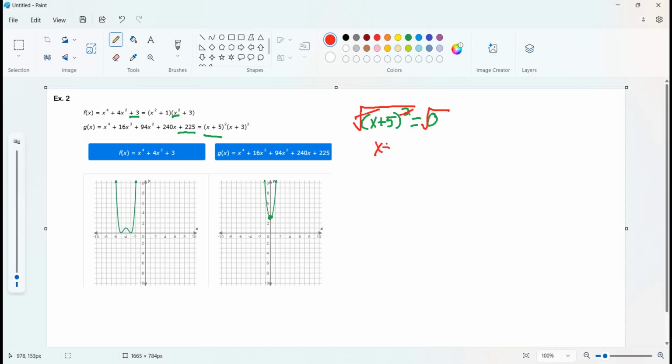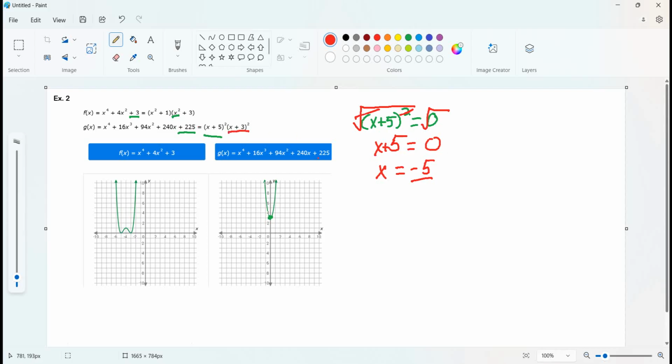So what we have left is x plus 5, and the square root of 0 is 0. Then you solve that. We want x by itself, so we're going to move this 5 over here. So you subtract the 5, it's a negative 5 on that side. So one of these roots is going to be a negative 5, but this equation has another one.